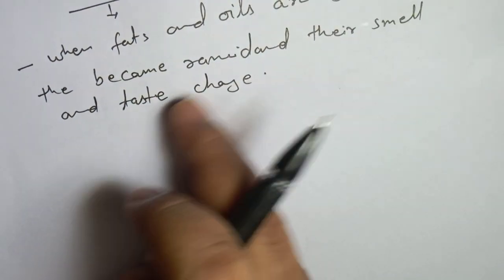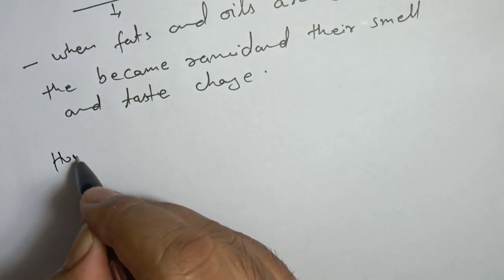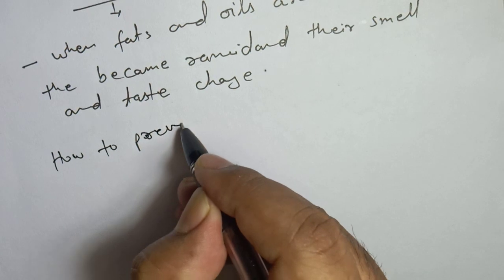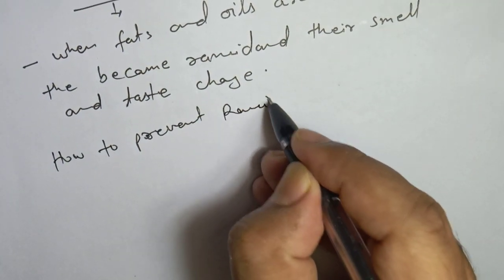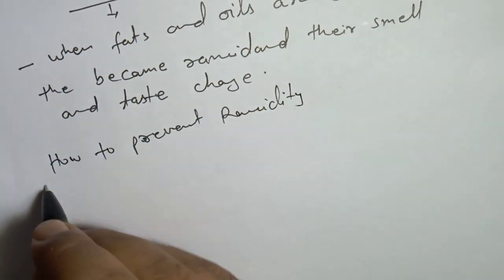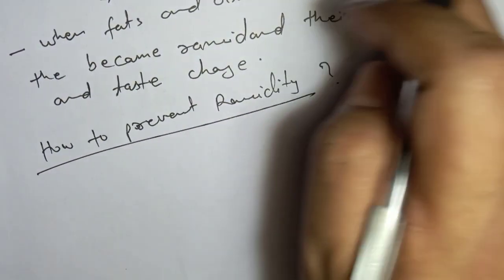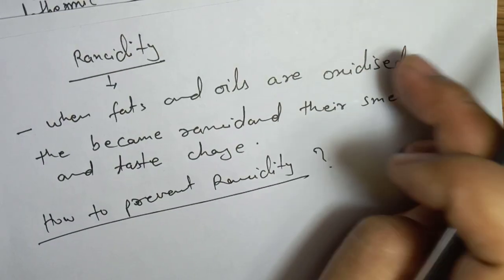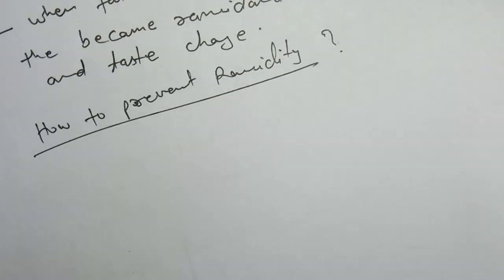of oxidation. And how to prevent it? How to prevent rancidity? Now again, obviously if oxidation happens, then we need to control it with some antioxidants, isn't it?